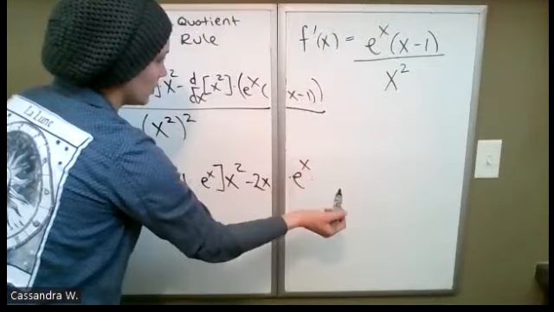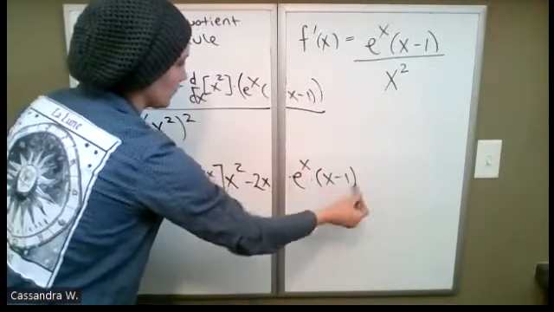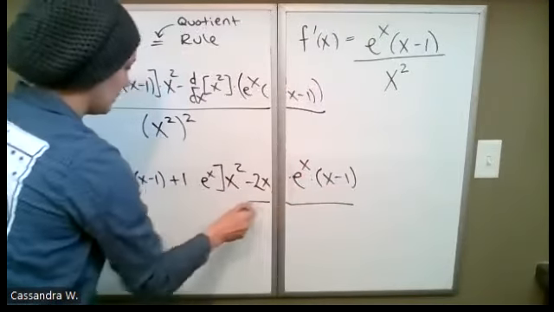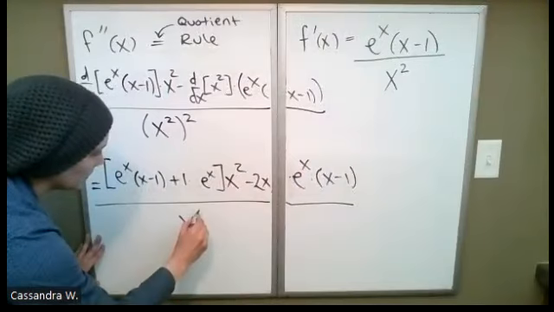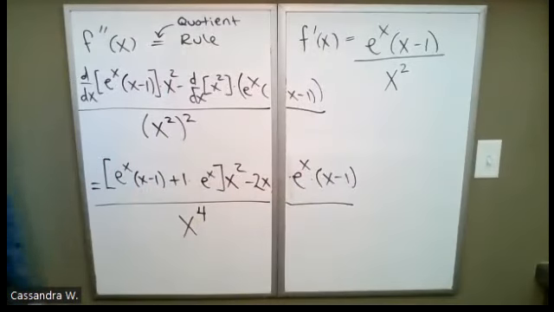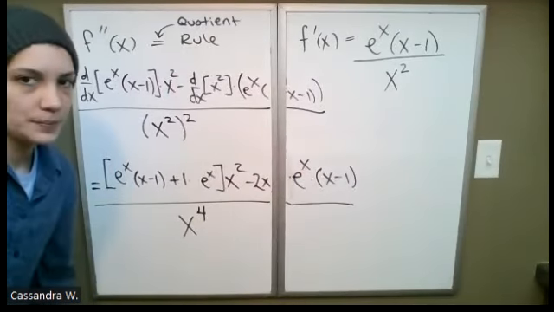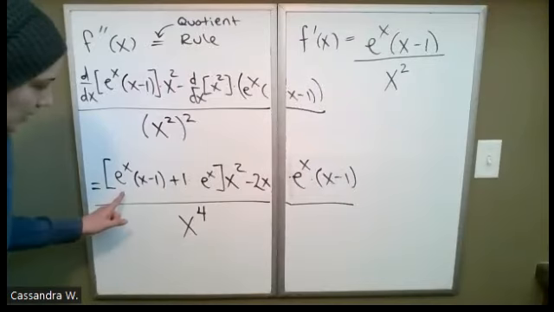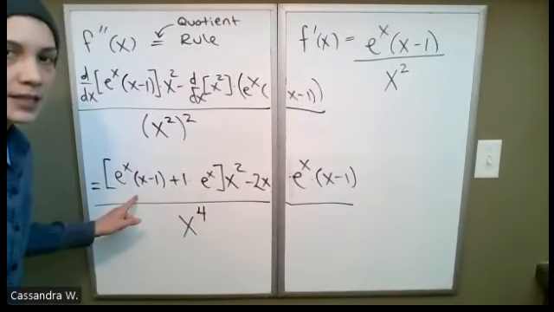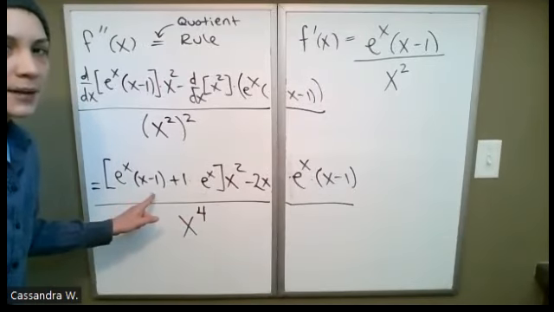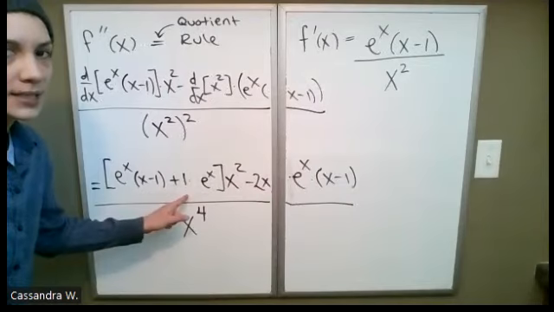e to the x times x minus 1. Correct. Cool. In the square brackets, there's an x e to the x minus e to the x plus e to the x.